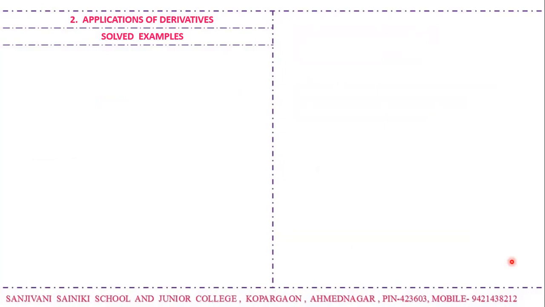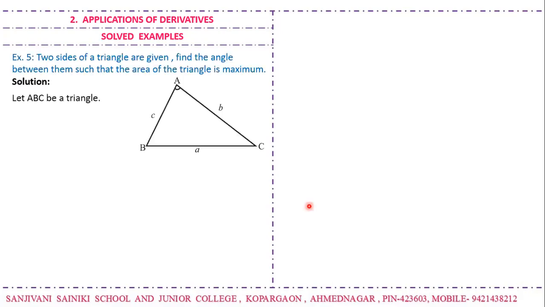The next example we will learn is: two sides of a triangle are given. Out of the three sides of this triangle, two sides are given. Now find the angle between them such that the area of the triangle is maximum.